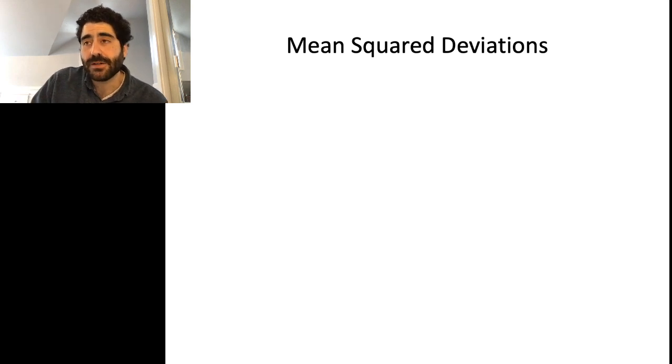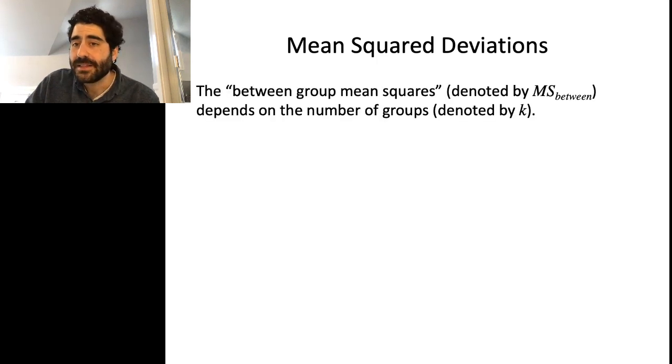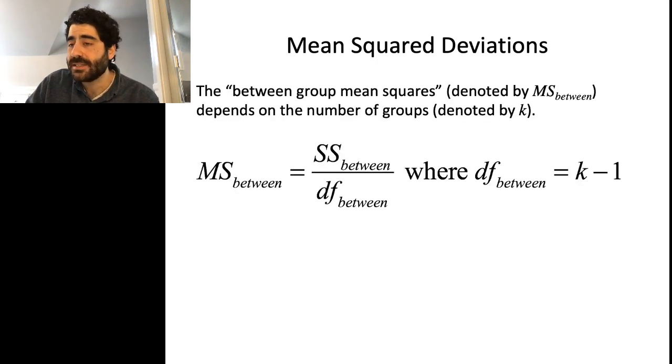We can take our between and within sums of squares that we just talked about how to define, and compute mean square versions of them. For our between group sum of squares, we take this SS between, which remember is the sum over these k groups of how far away the group mean is from the grand mean.